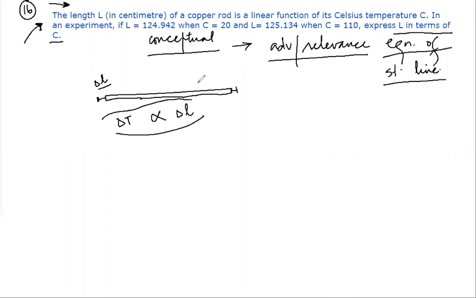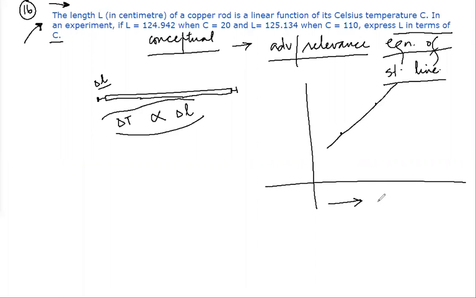So he has given you two values. Whatever line you are getting, these are point solutions of that line. Two points are given basically. On one side you can take temperature, and on this side you can take length. The first point: T, I think C, is 20.